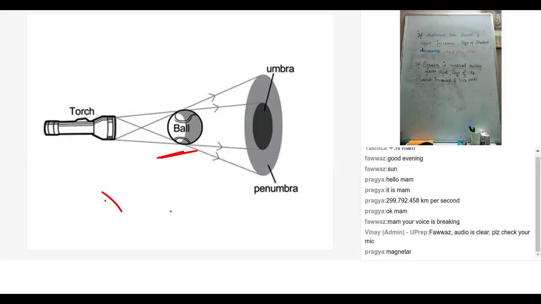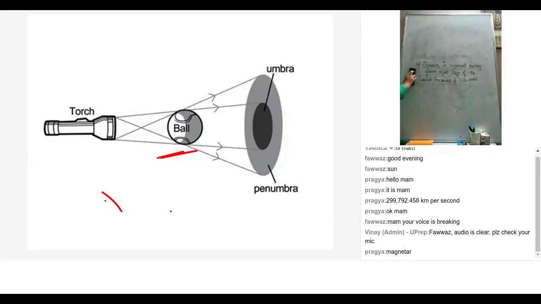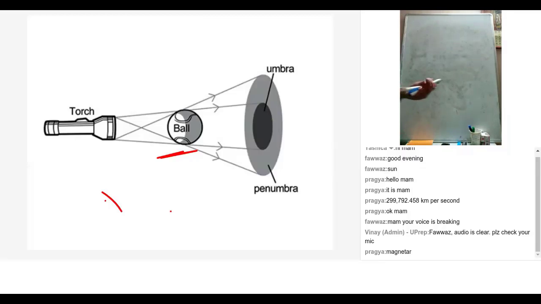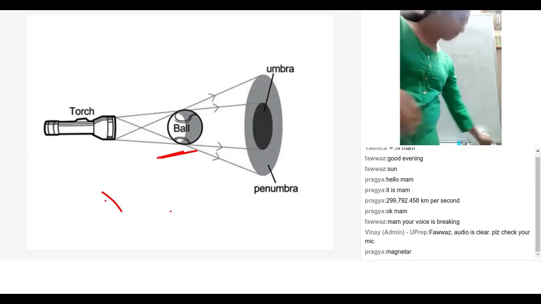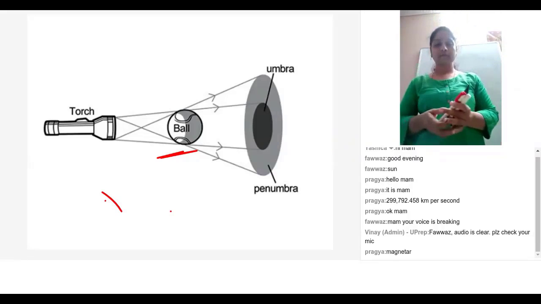So the case where you see only umbra of the shadow is when a point source of light is used. So when point source of light is used, what are the characteristics of the shadow? Ma'am, can I ask something? Yes. If screen is moved away, size of the shadow decreases, right?